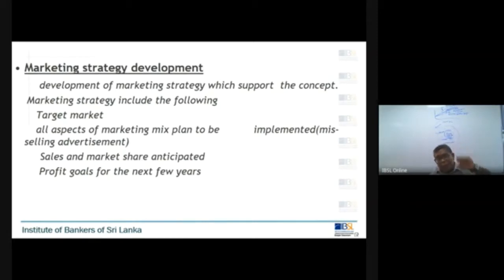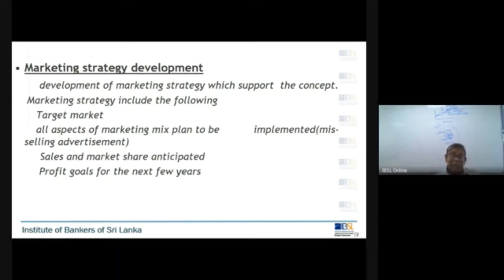Who is my target market if I introduce this product? Whether purely children or guardians or parents, I look at all my target market. It's not only for children, but there may be their parents, their grandfathers, grandmothers, guardians, a lot of target markets.